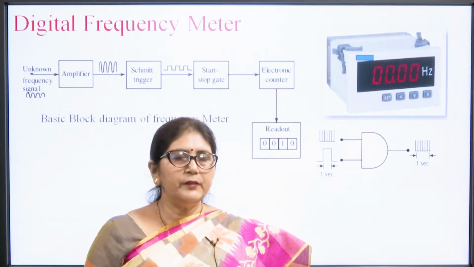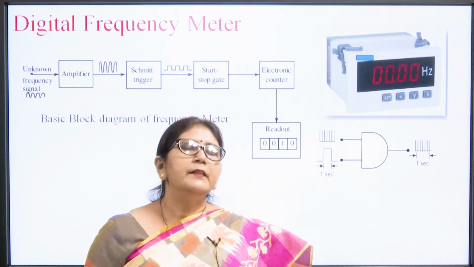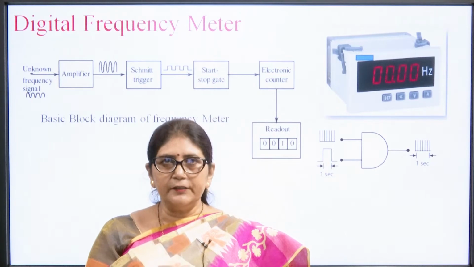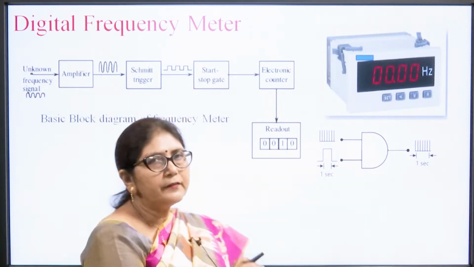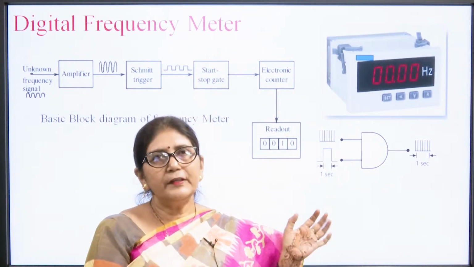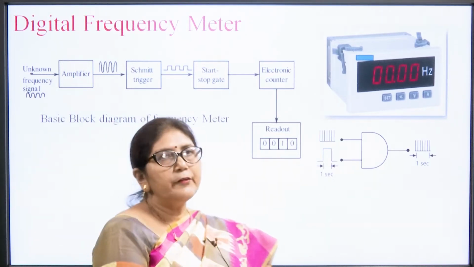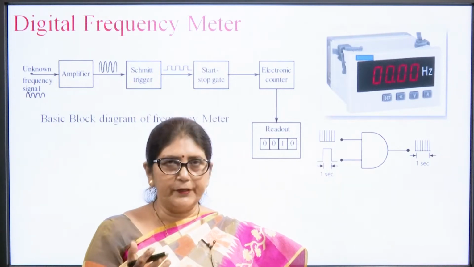But if the electrical signal has very high amplitude, then we can reduce the amplitude using attenuators. So, the unknown frequency is applied to the amplifier circuit, which amplifies that signal, and suppose the signal is a sinusoidal waveform as shown here. That sinusoidal waveform appears across the amplifier in amplified form.